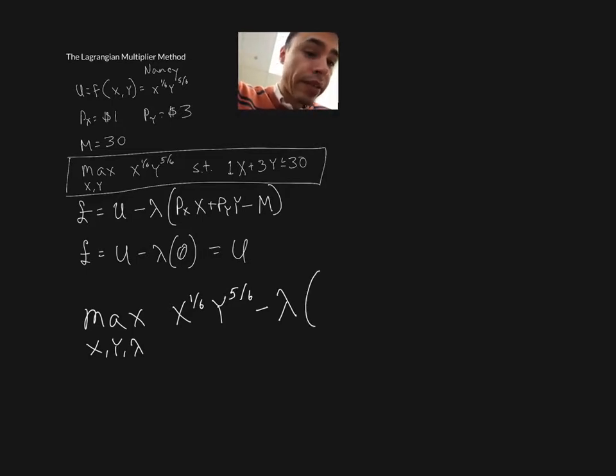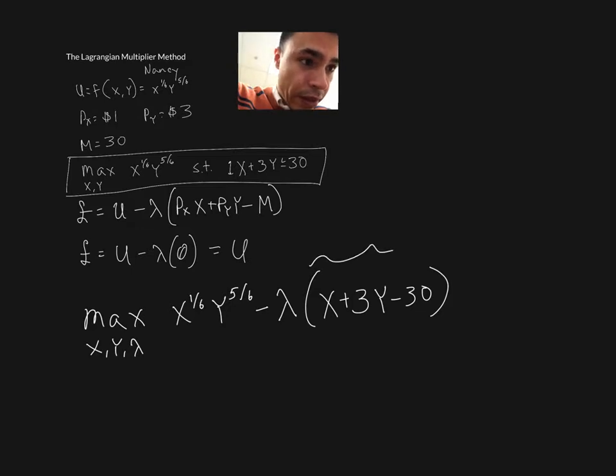So px is equal to 1, so you're going to get x plus 3y minus 30. Once again, notice that this is going to equal 0 for any combination of x and y which lies on the budget constraint, because that's just the definition of the budget constraint.